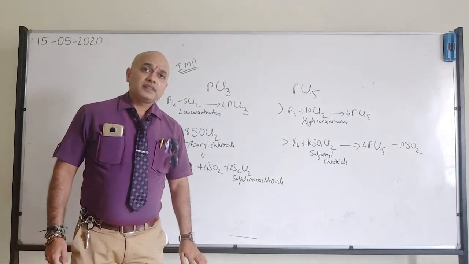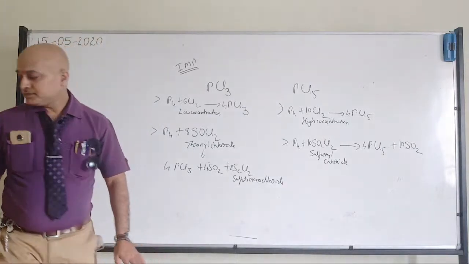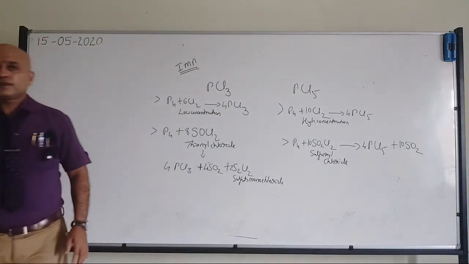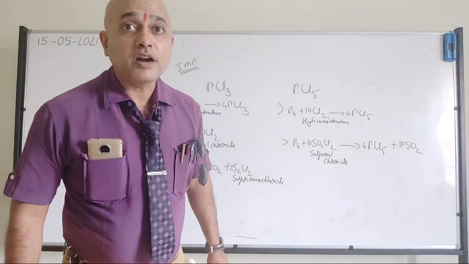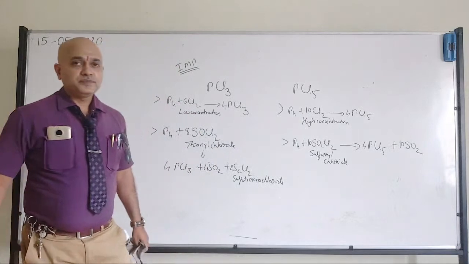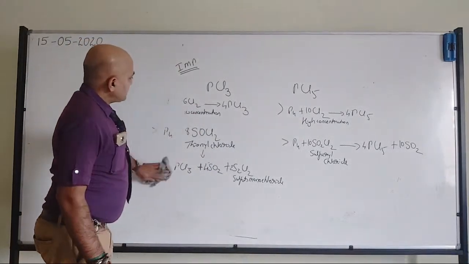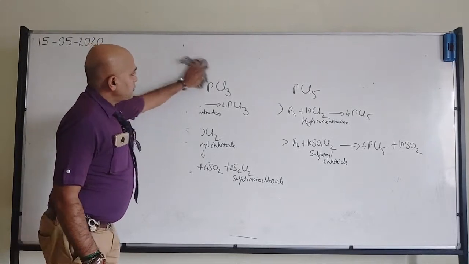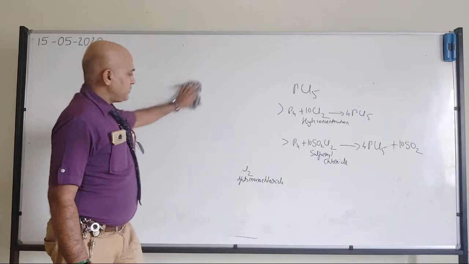Any doubts? Whatever we have learned today, whatever I have taught, any doubts? White phosphorus or allotropes of phosphorus, you can expect a 1 mark question, anything it can be.